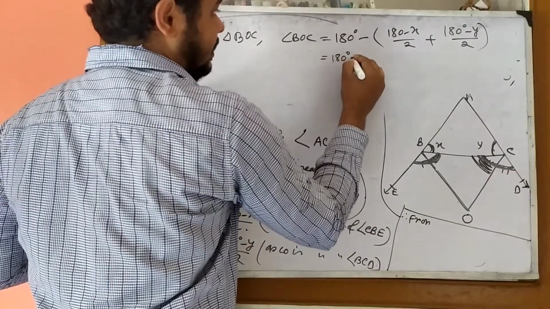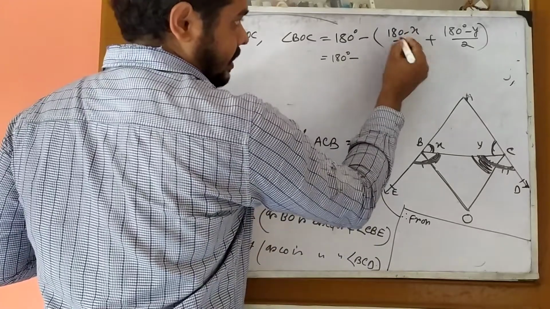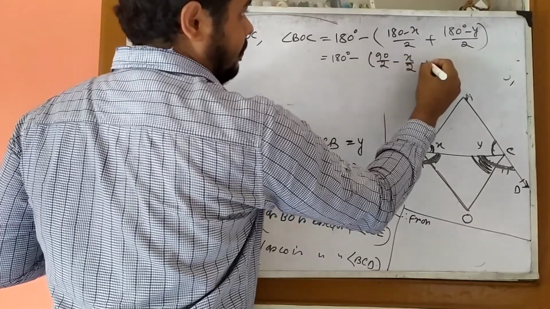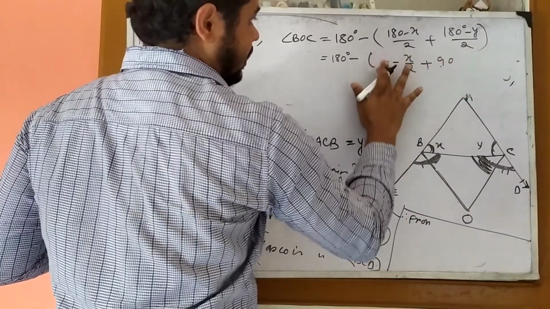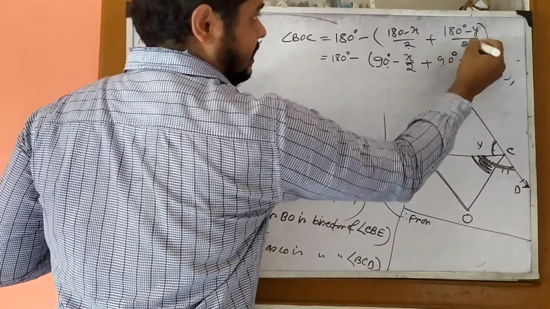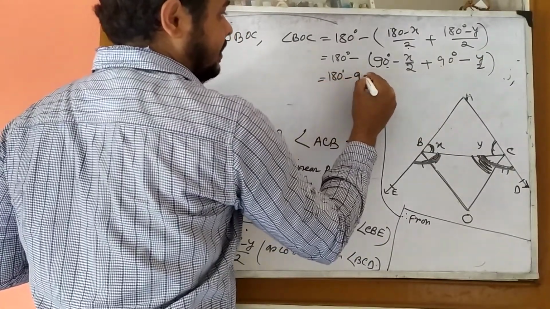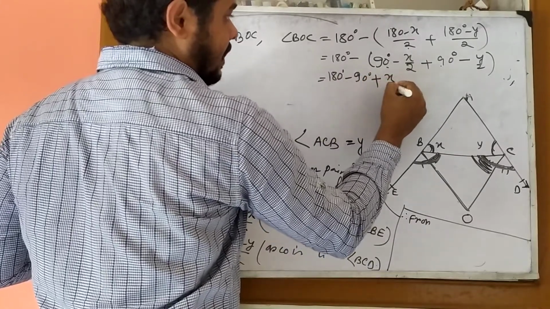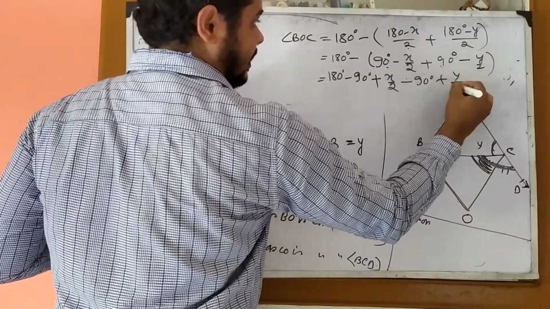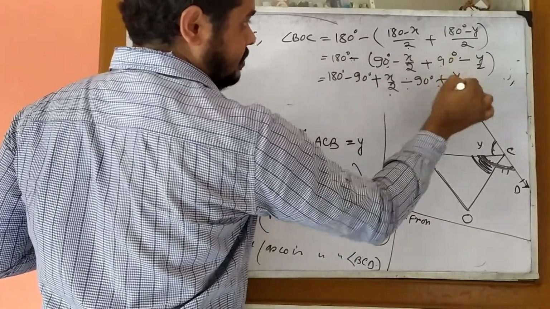Now 180 minus, this means 90 minus X by 2 plus 90 minus Y by 2, since 180 by 2 means 90. After removing the bracket, minus minus becomes plus, so 180 minus 90 minus 90 plus X by 2 plus Y by 2.